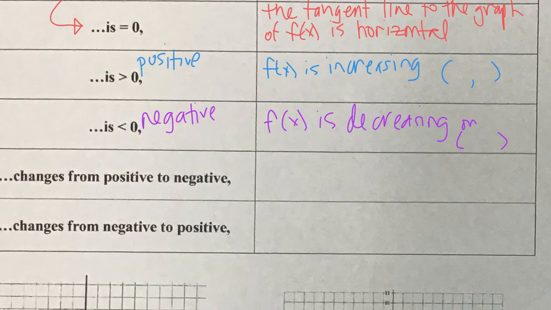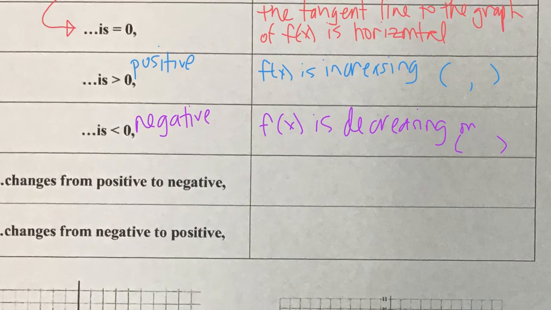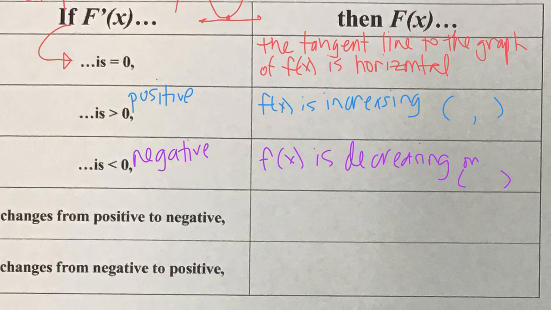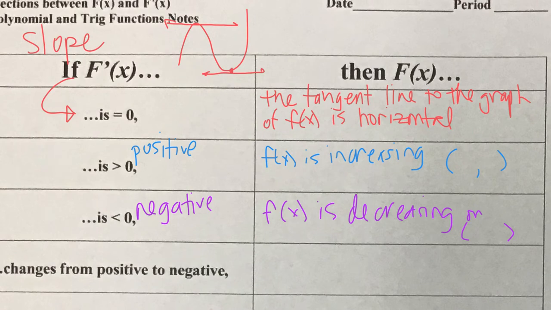Now here are some important things to be able to distinguish. What happens if your slope changes from positive to negative? If we're looking at my little sketch up here, the graph is increasing, so our slope is positive, and then over here your graph is decreasing.